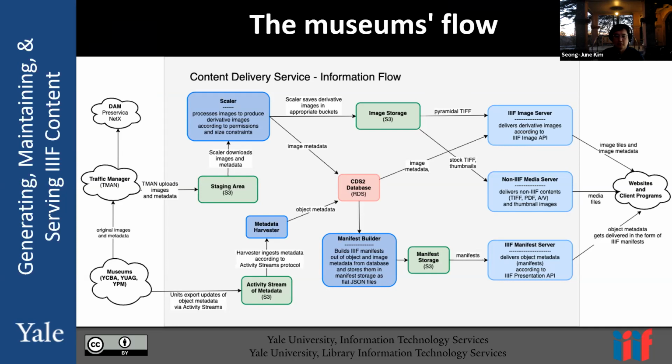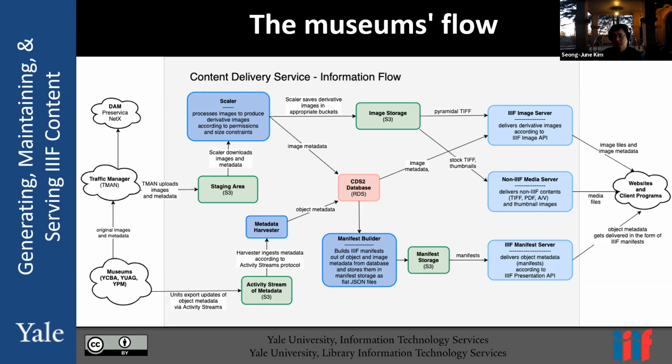And the other flow, the object metadata, gets ingested through activity stream from the unit, and the metadata harvester is taking care of it. And so it ingests data and populates the database, and ultimately the manifest goes to the manifest builder, which builds the IIIF manifest and stores them on S3.